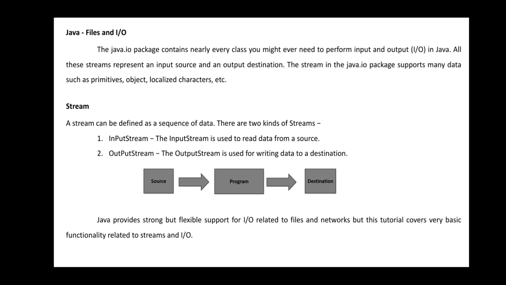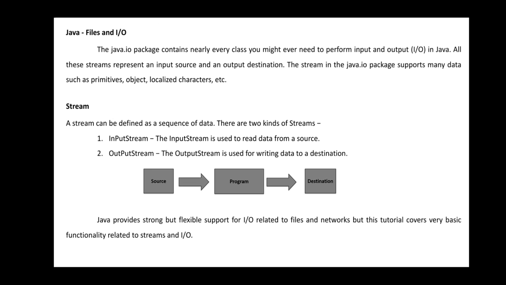Streams mean a bucket or buffering area where already stored information is extracted whenever there is use of input source as well as output destination positions. The stream in the java.io package supports many data types such as primitive data types, object values, localized characters, etc.